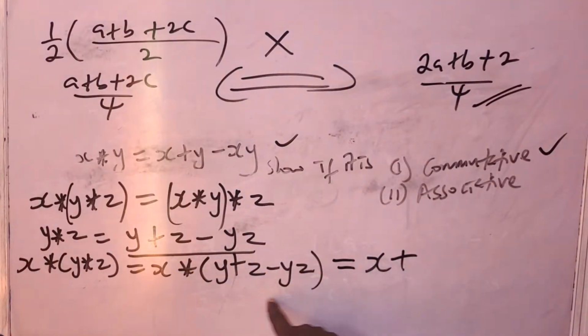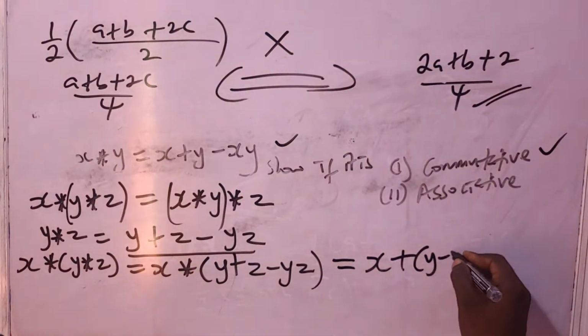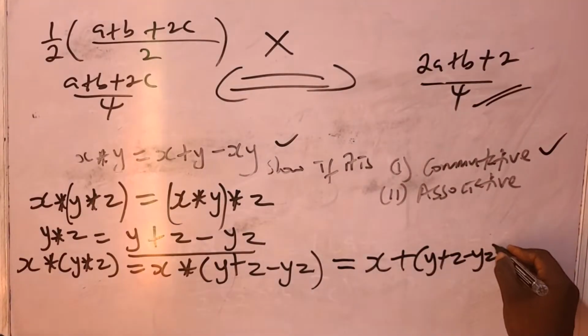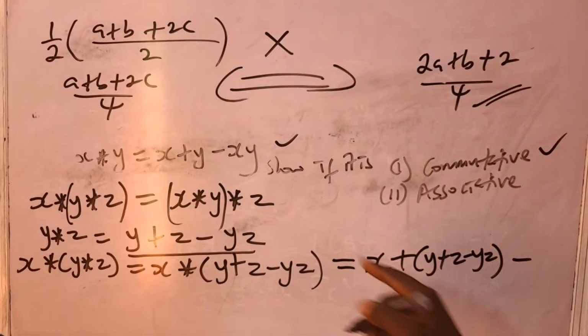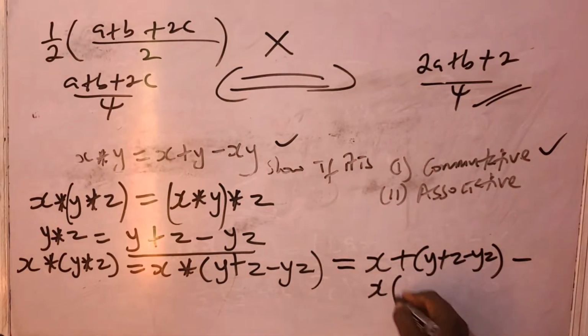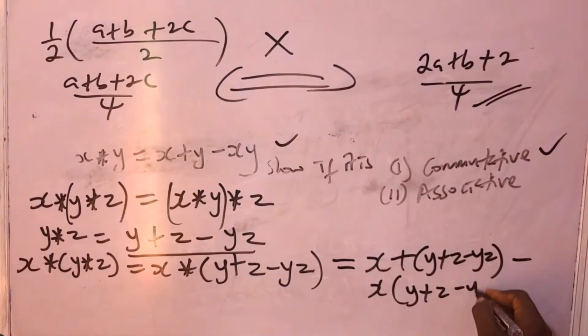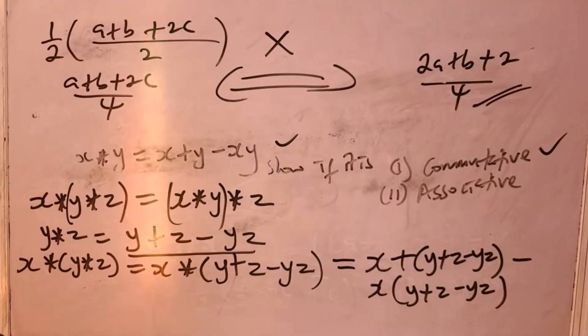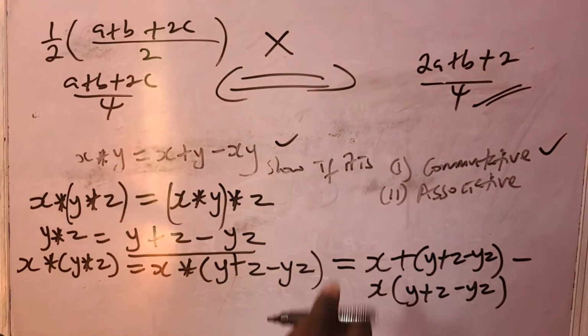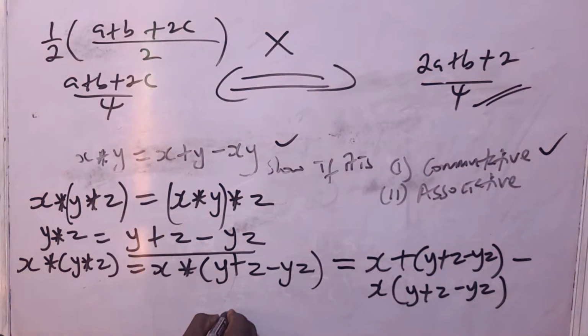Our second is this whole thing, so we have y plus z minus yz, then minus first times second now, which will be x times y plus z minus yz. So this is what our left-hand side is. You can go on to solve this perfectly. That means you open all the brackets, and you'll be having x plus, of course, y plus z minus yz.